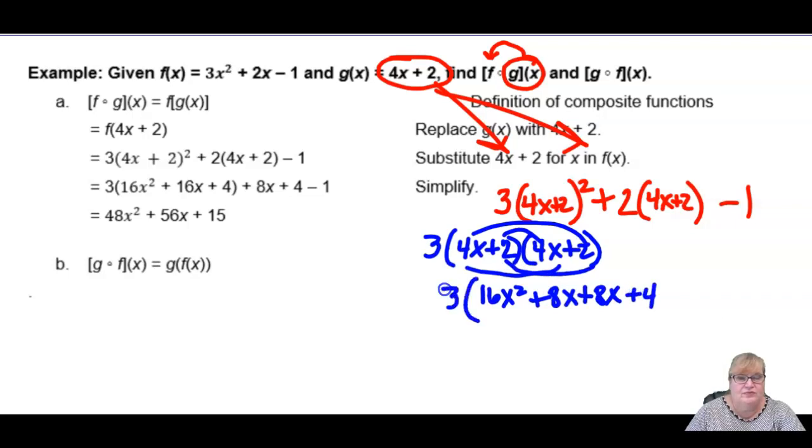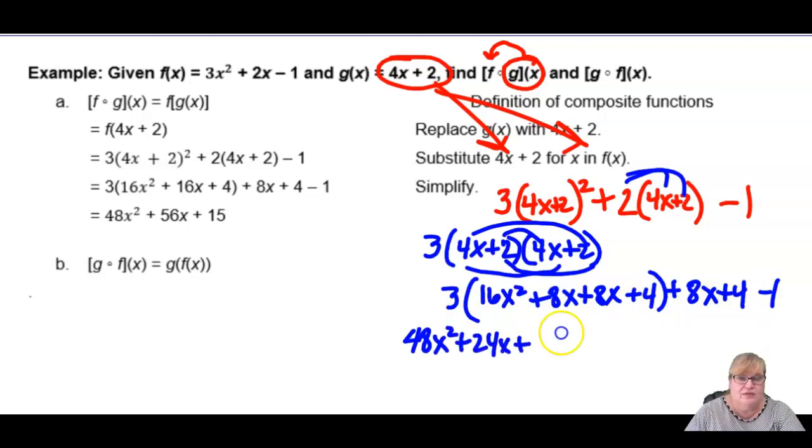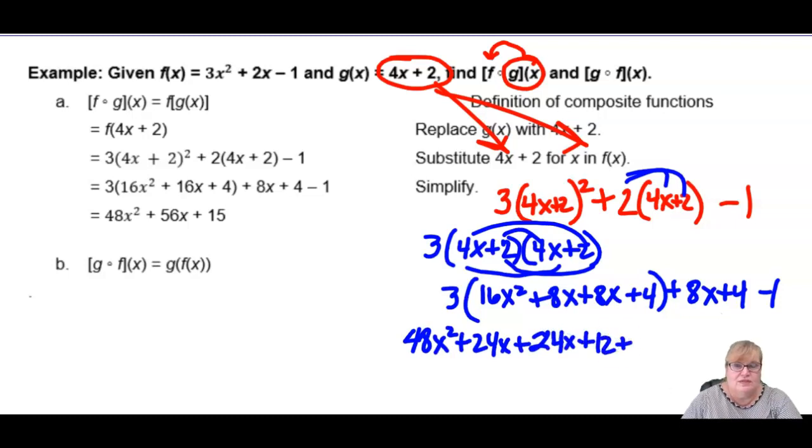And then you still have that 3 to distribute. I'll go ahead and distribute back here. So if I distribute here, I get 48x squared plus 24x plus 24x plus 12 plus 8. Can I move myself out of there?